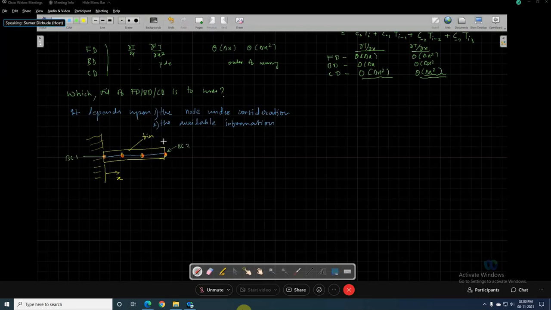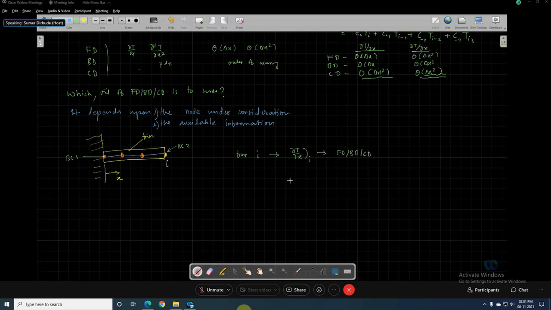Now suppose my point under consideration is BC2, this point. This is my ith point, suppose. This is my point under consideration. Now for I, if I want derivative del t del x at I, for example, then del t del x has to be used either using forward difference or backward difference or central difference.